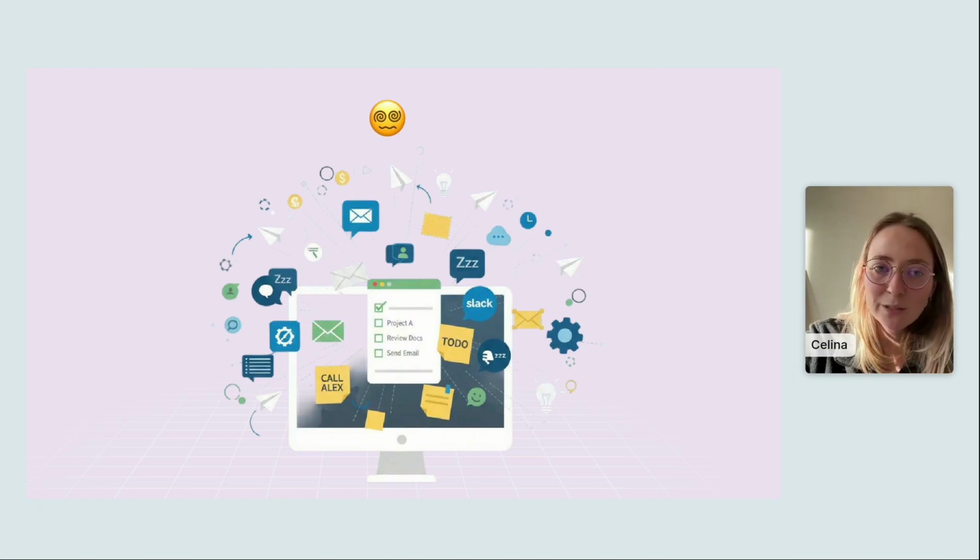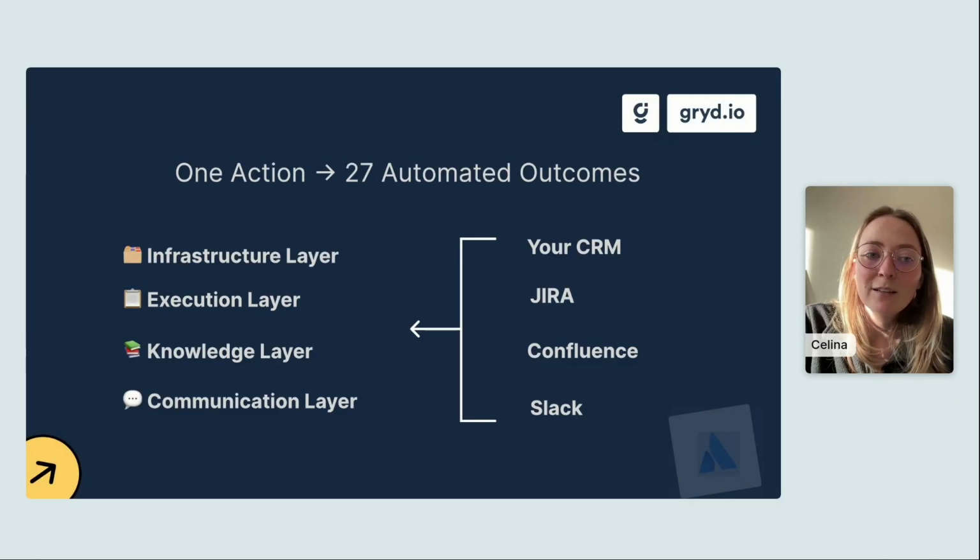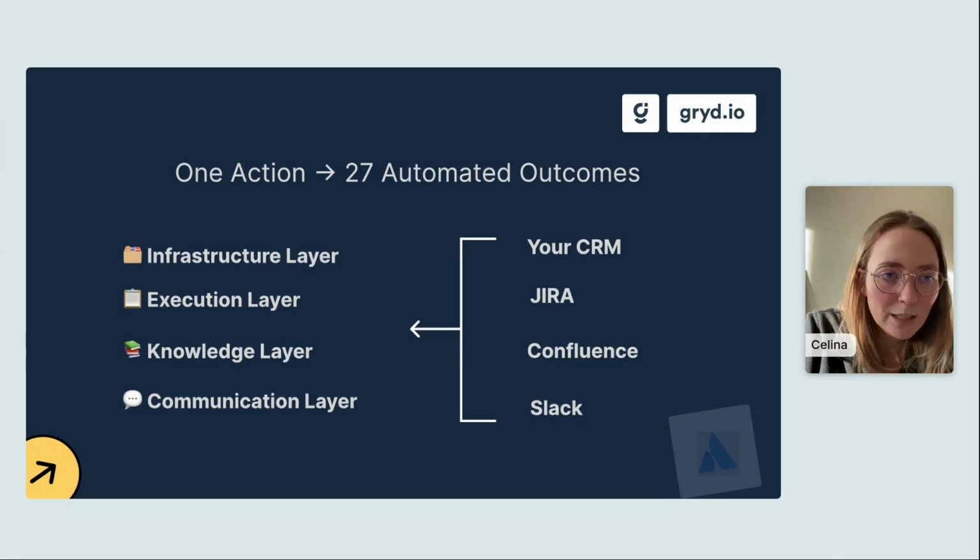Most teams spend hours each week just keeping the system alive, and we can automate it. Here you can see a little breakdown of what we automated, and I will show you the steps right away.